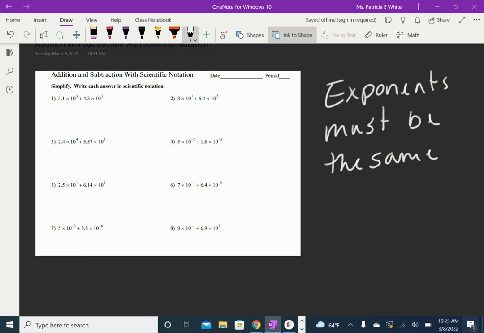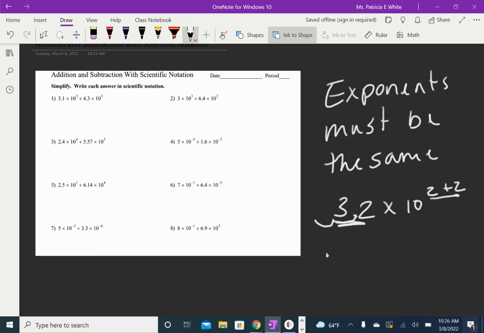Well, let's say I have 3.2 times 10 to the second power, and I need it to be a 4. Well, that means I've got to add 2. If I make this bigger, then this number has to become smaller. So I'm going to move it 2 spaces.